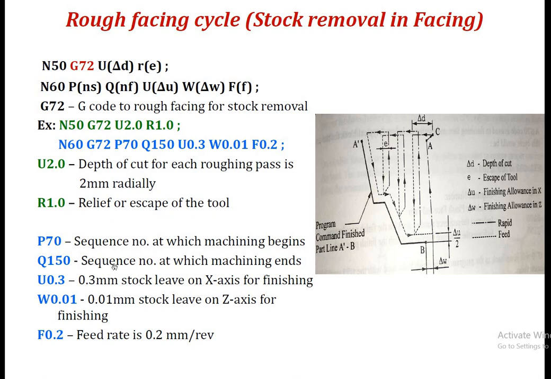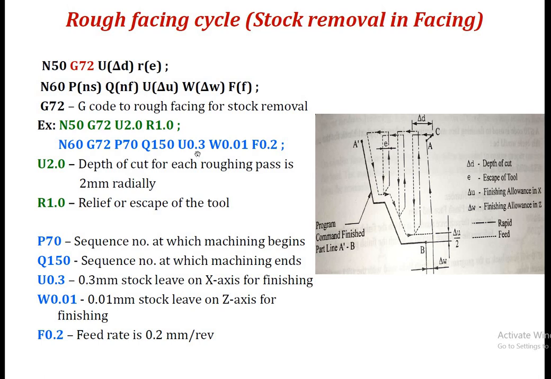Now we'll move to the next block for the rough facing cycle. N60, G72, P70. P70 is the sequence number at which machining begins. Q150: Q indicates the sequence number at which the machining ends.